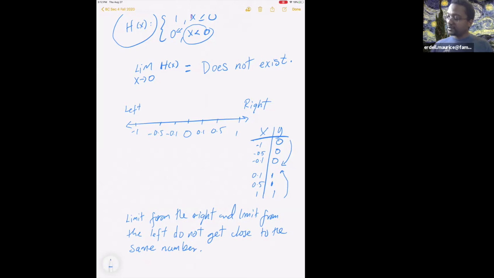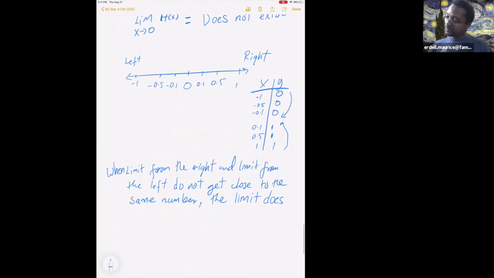When the limit from the right and the limit from the left do not get close to the same number, the limit does not exist. You often write it as simply DNE. Does not exist.